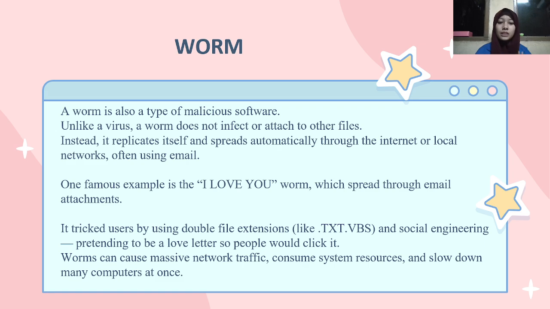One famous example of a worm is the I Love You worm, which spread through email attachment. It tricks users by using double file extension .txt.vbs and social engineering. Worms can cause massive network traffic, consume system resources, and slow down many computers at once.